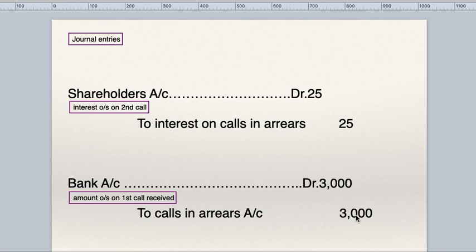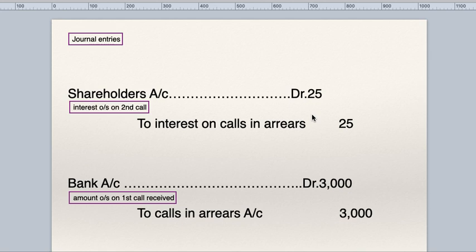Then you have to pass entry showing interest due on final call. Final call was due on end of August, and till accounting year end they have not received final call. So September and October, 2 months interest you have to calculate.